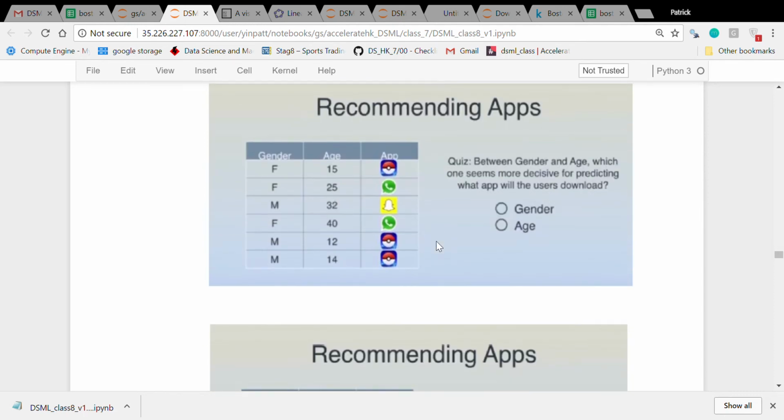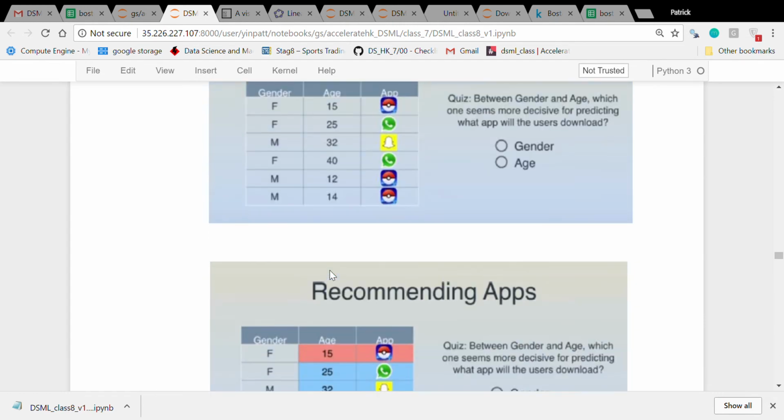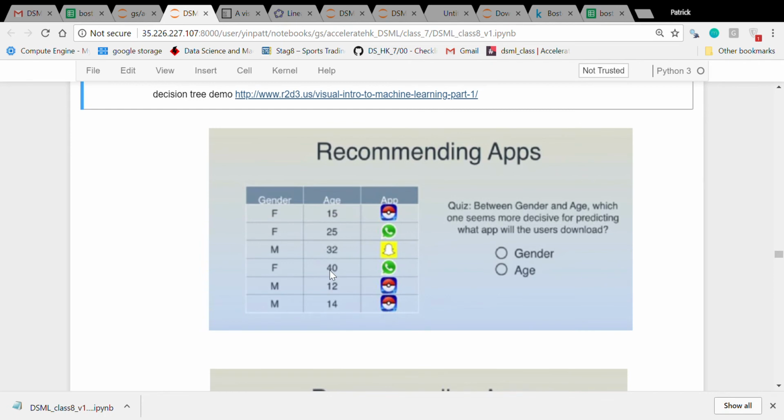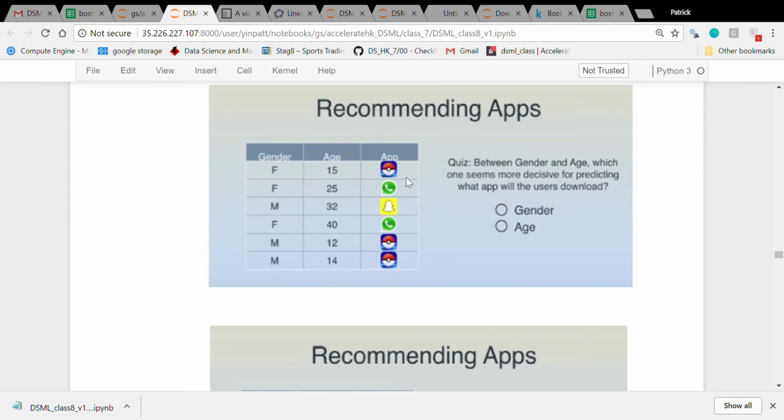But let's say I have three apps right now, and I have two features, which are the gender and the age. And now I have to find the best split to predict which customer will buy which app.